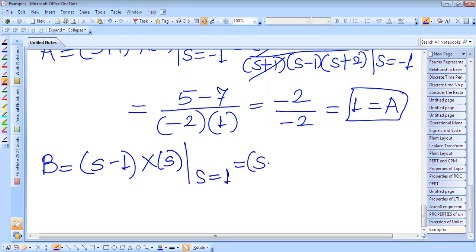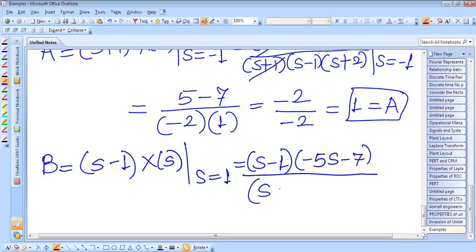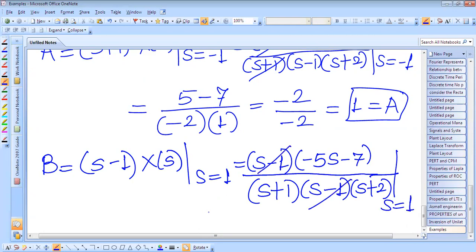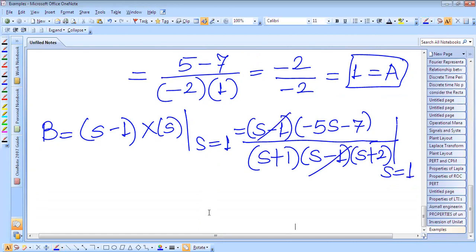Therefore (s minus 1) X(s) is again minus 5s minus 7 divided by (s plus 1)(s minus 1)(s plus 2) at s is equal to 1. So s minus 1 will cancel here.